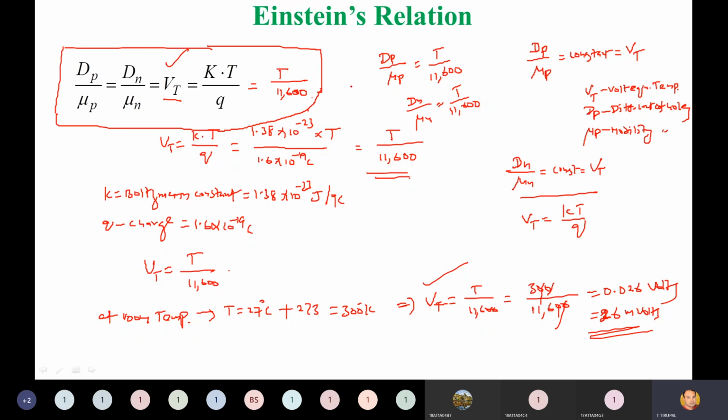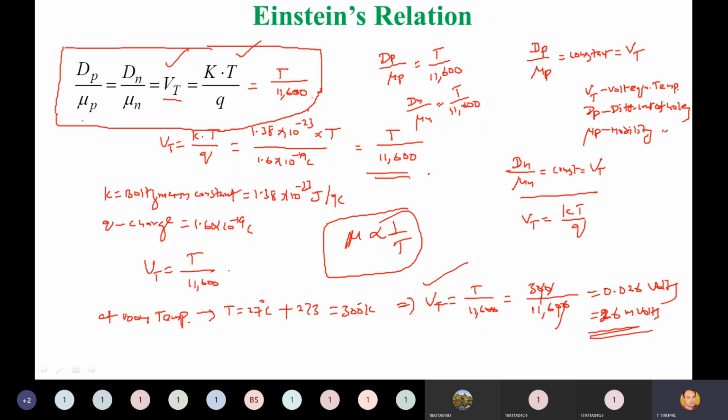So now you can see here mobility using this equation. Diffusion constant is directly proportional to temperature. Various points you need to learn here. Mobility is inversely proportional to temperature because 1 by mu is equal to T. So therefore you can say that here mobility is inversely proportional to temperature. This is one point you need to learn.